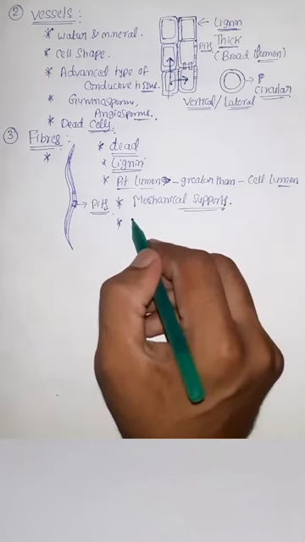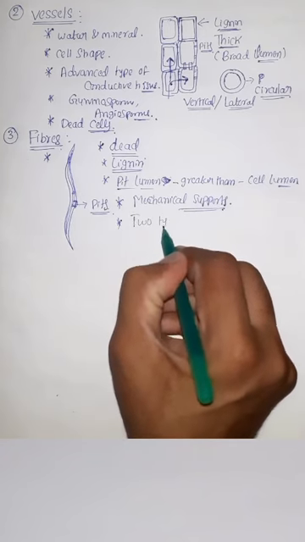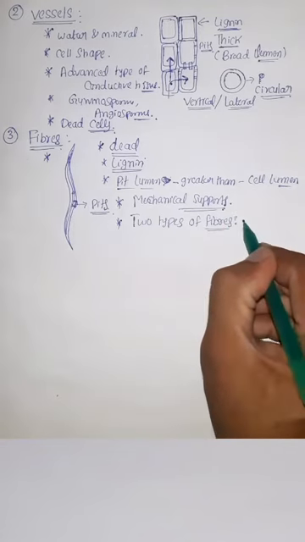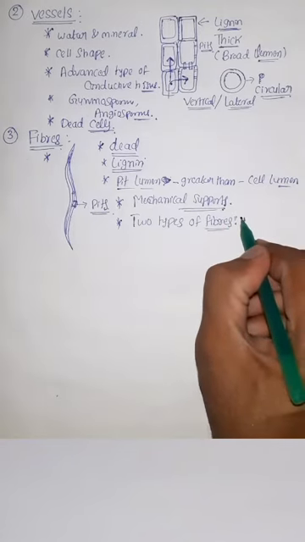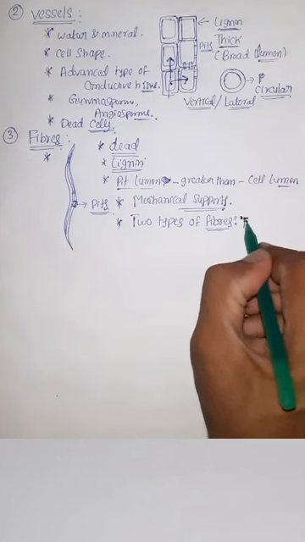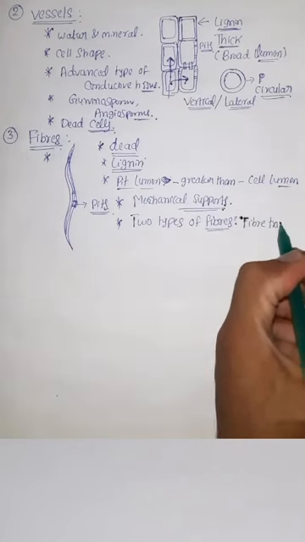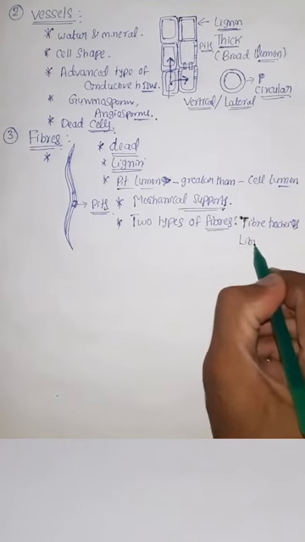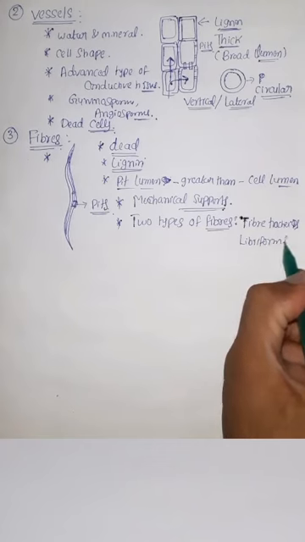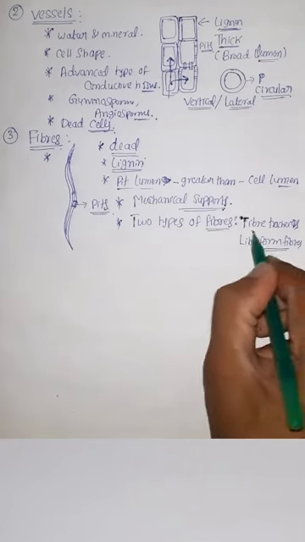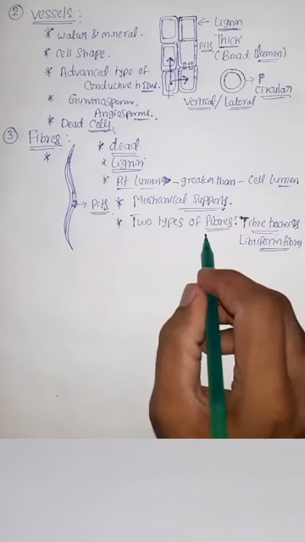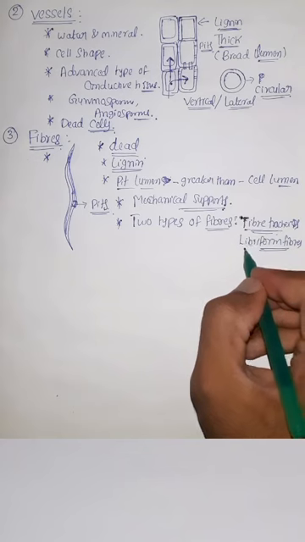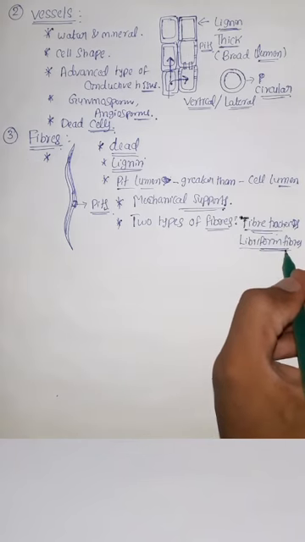Next, in plants usually we can see two types of fibers. They are fiber tracheids and libriform fibers.